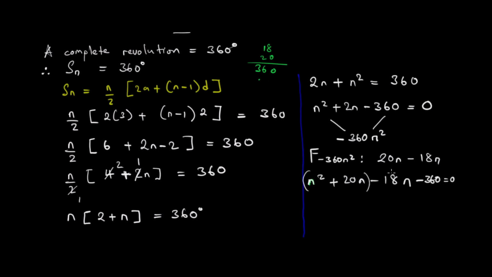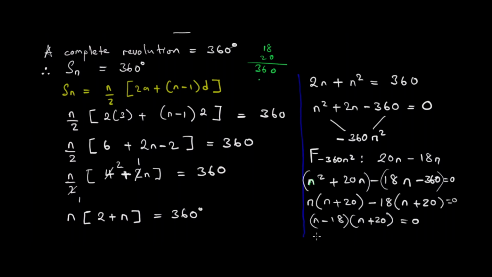So we factor out n to get n plus 20, and factor out minus 18 to get n plus 20, which is equals to 0. Kureva kuti n minus 18 na n plus 20 is equals to 0. Therefore, n is equal to either 18 or minus 20.